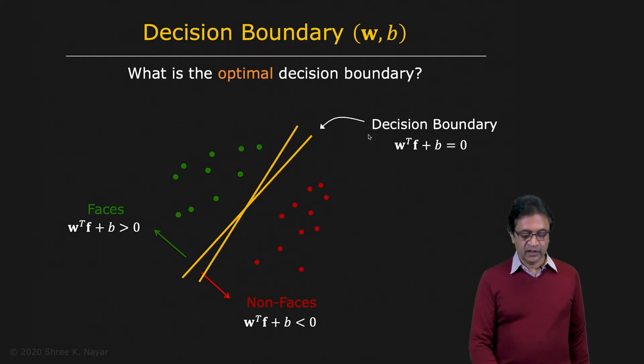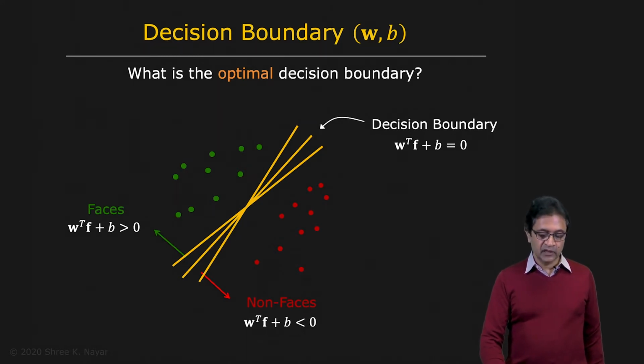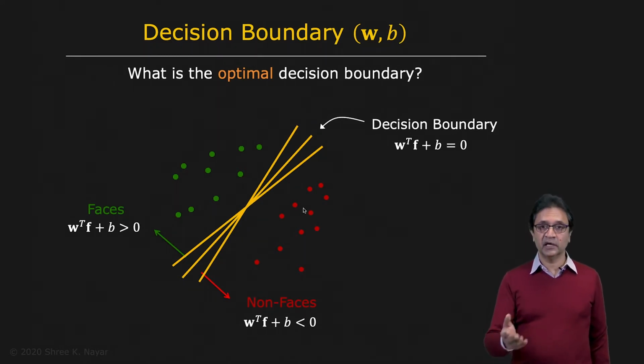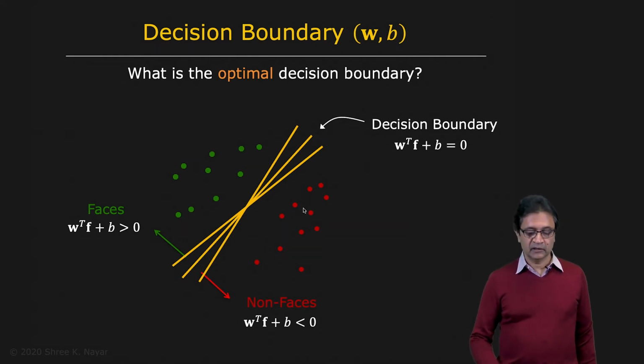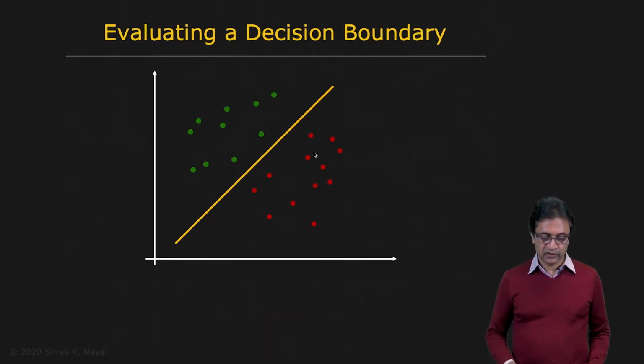Well, you can see that instead of this line right here, if I use this line, I still have a decision boundary that seems to work very well, or I could use this line. In all of these cases, these points that I've shown here, which are training data, will be classified just fine, but we know that given a new point, it could actually end up having different results based on which of these decision boundaries you use.